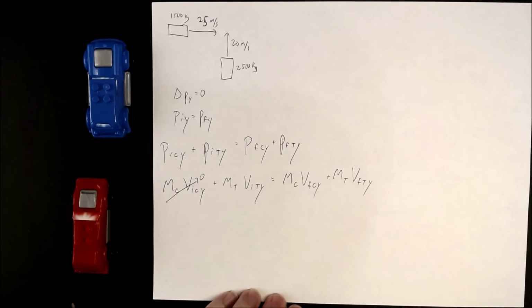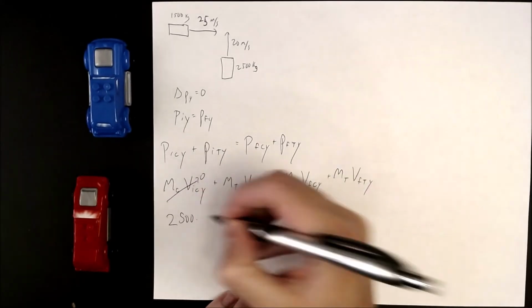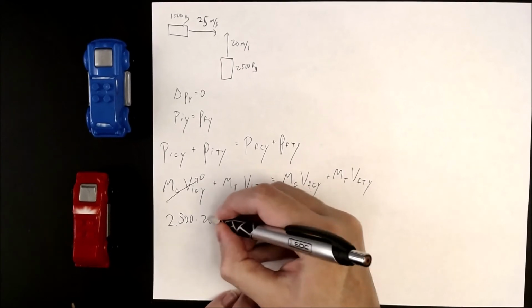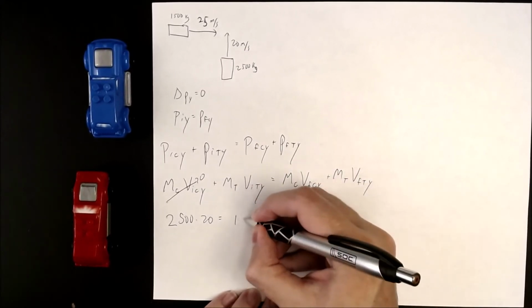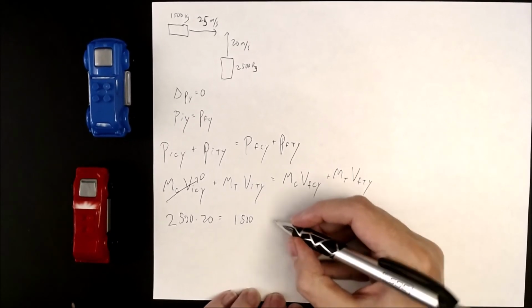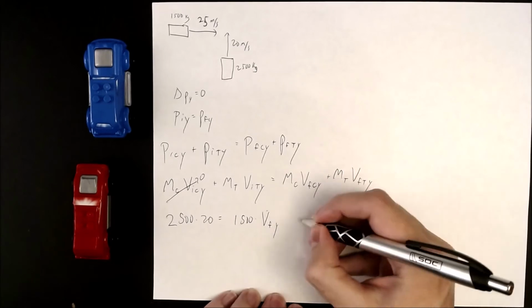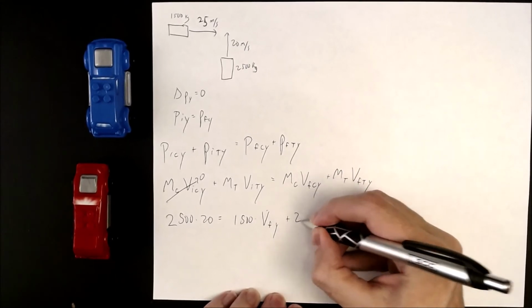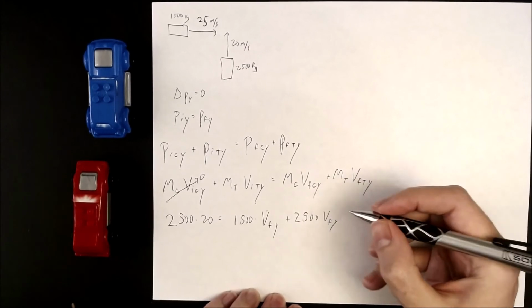So we can plug in numbers, keeping that in mind. Mass of the truck, 2,500, velocity of the truck, 20 meters per second, is equal to mass of the car, 1,500 kilograms, times velocity final in the y, plus 2,500, velocity final y.